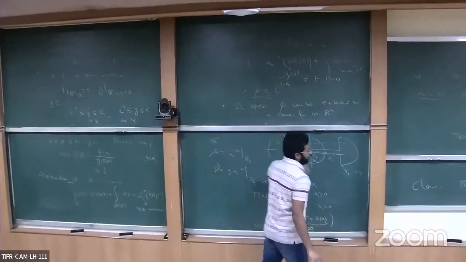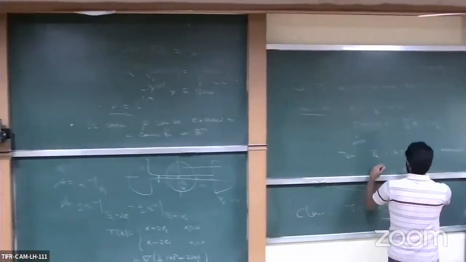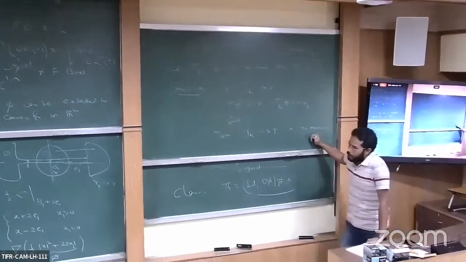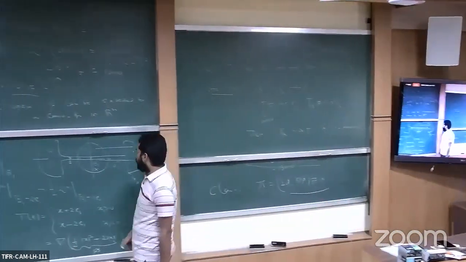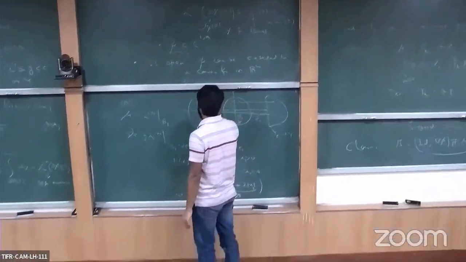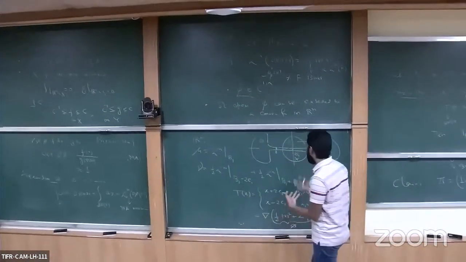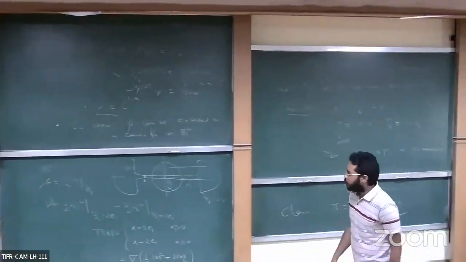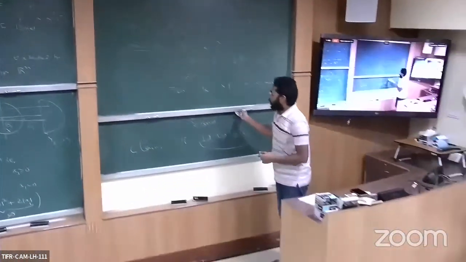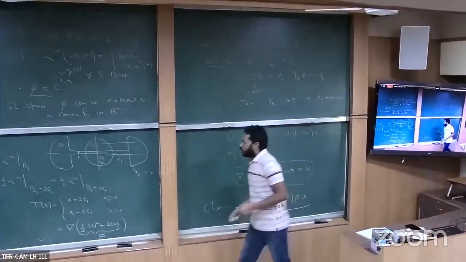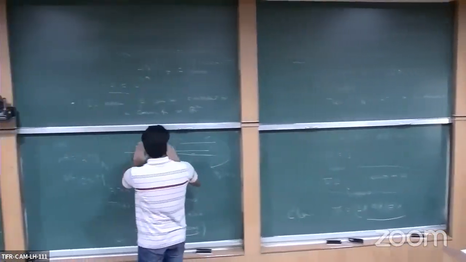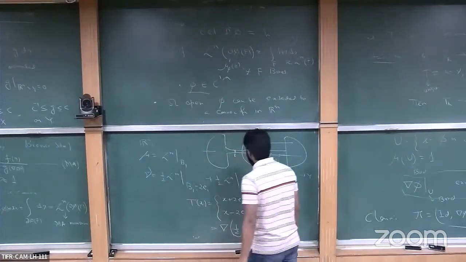So Tk converges to T in mu measure, meaning that for k large enough, a significant portion of the mass cannot go elsewhere.